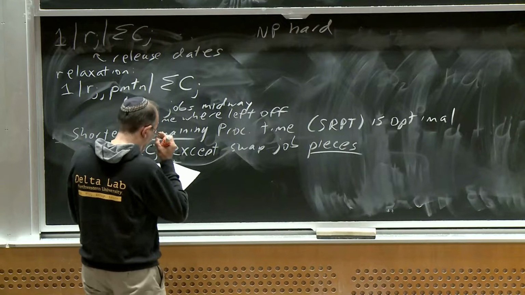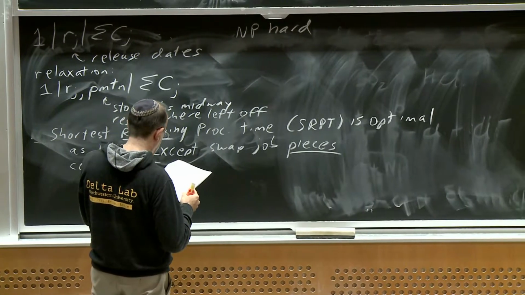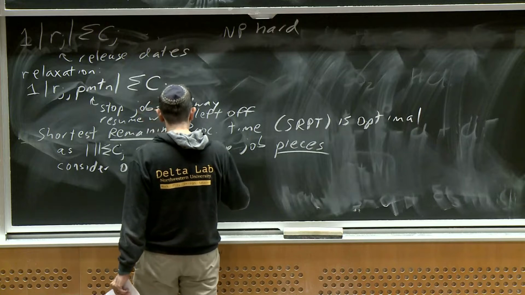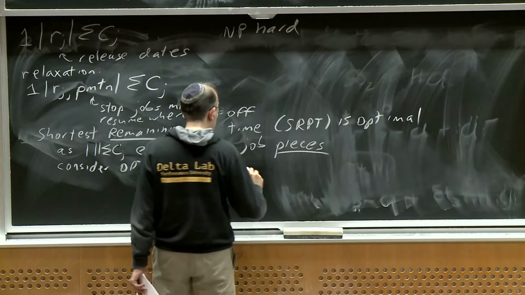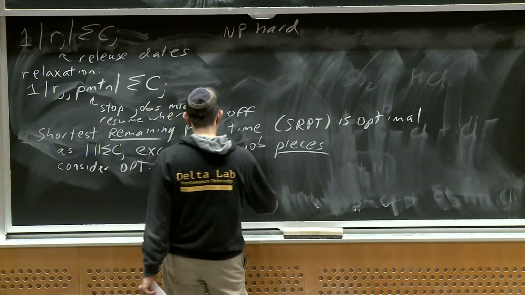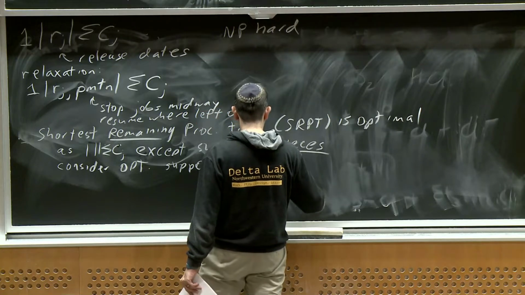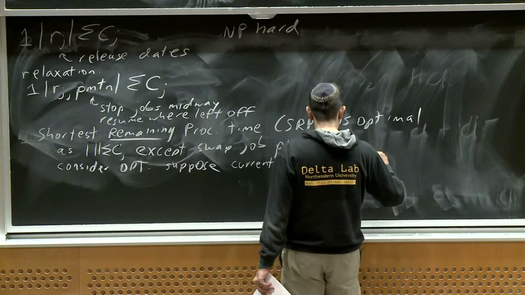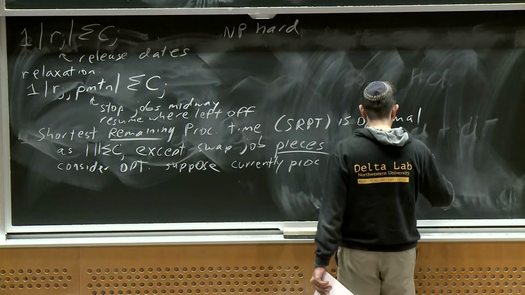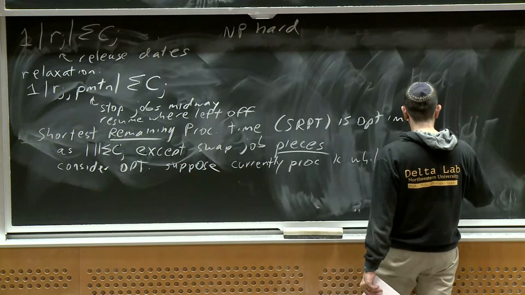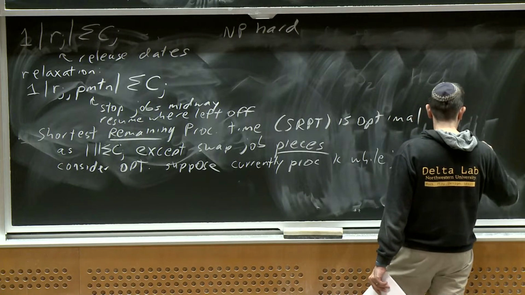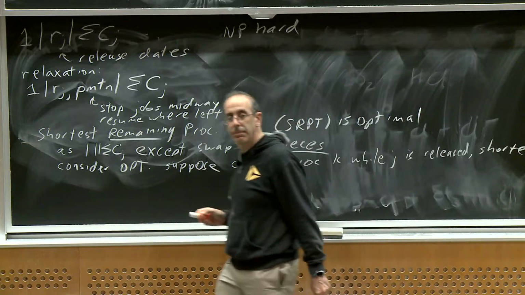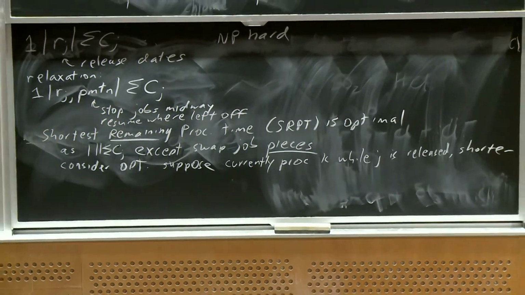And let's suppose that you are currently processing some non-shortest job. So we're currently processing K while J is released and shorter. Okay.